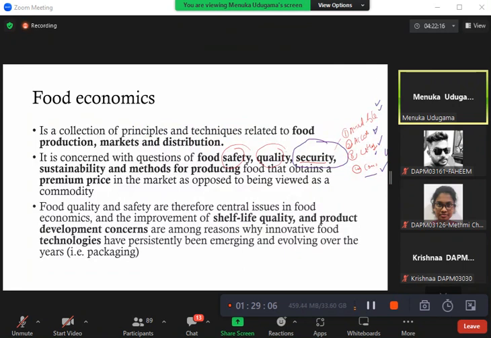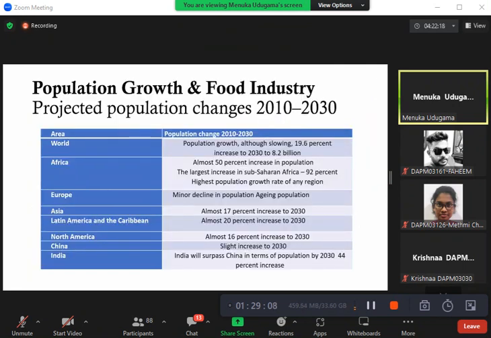And if you look at the industry as a whole, it's an ever-growing industry, isn't it? Despite what has been happening over the years, the COVID pandemic situation, even through COVID, the food industry was developing, more businesses were coming up, more online businesses came up, and even now there are more job opportunities coming up in the food industry.